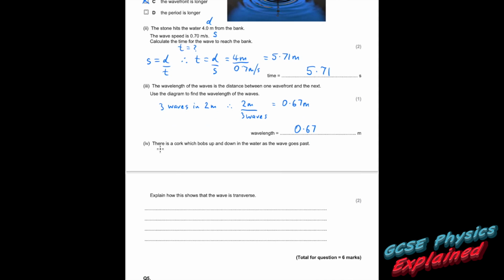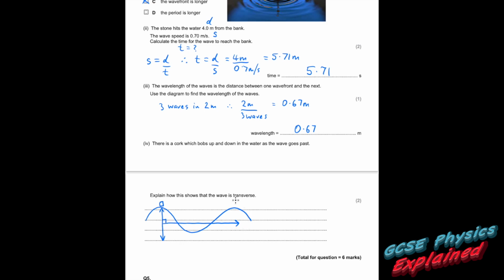Part 4. There is a cork which bobs up and down in the water as the wave goes past. Explain how this shows that the wave is transverse. So a transverse wave goes like that. And if you've got a cork, as the wave goes past, the cork will move up and down. And that's the wave travelling past there. And this is at 90 degrees. So what we say is that the vibration of the cork is at 90 degrees or perpendicular to the direction of travel.